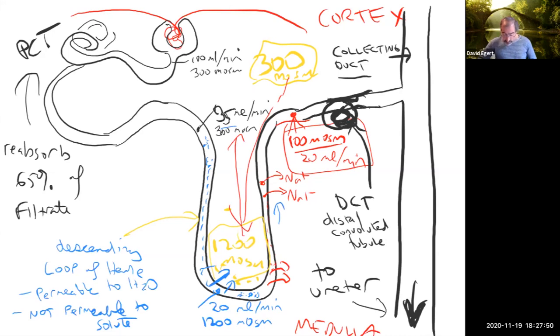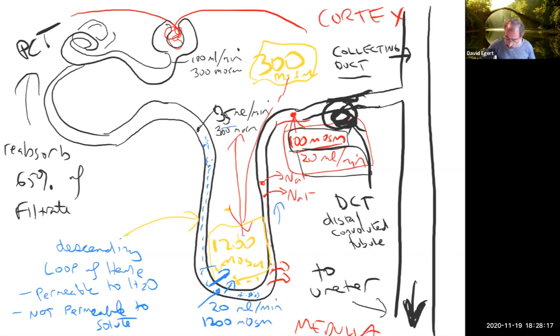But it's just more places for things to either get into the tubule from the blood or leave the blood into the tubule. But the DCT does not do a lot of dramatic reabsorption. So we have about 20 mils per minute entering in the DCT.